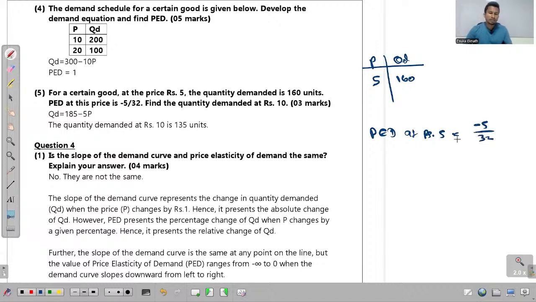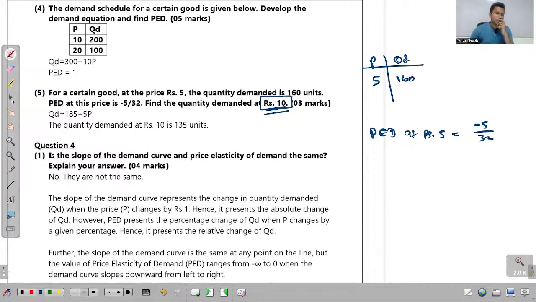Find the quantity demanded at rupees 10. Yeah, so we can find the quantity demanded at the price rupees 10. We can do that. But before we do so, we need to develop the demand equation. Otherwise, we can't calculate the QD value when the price is 10.